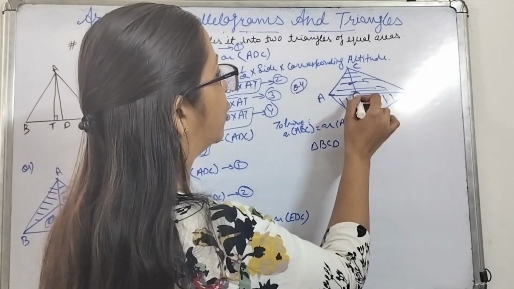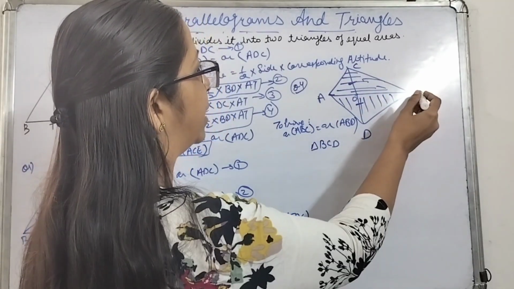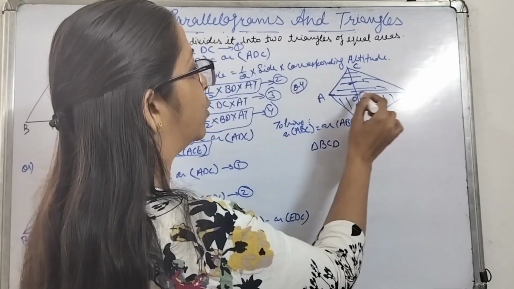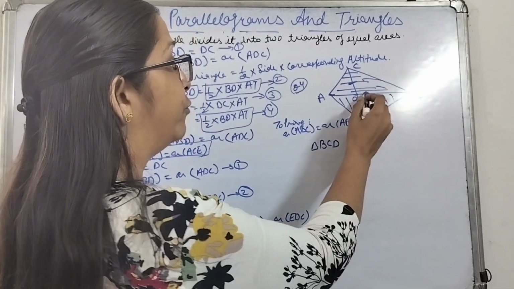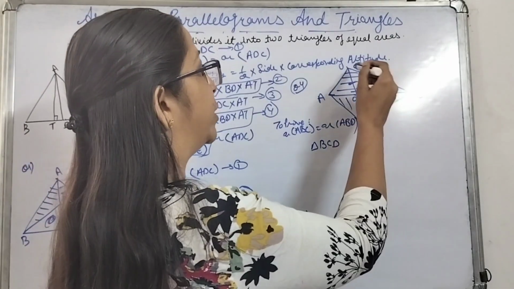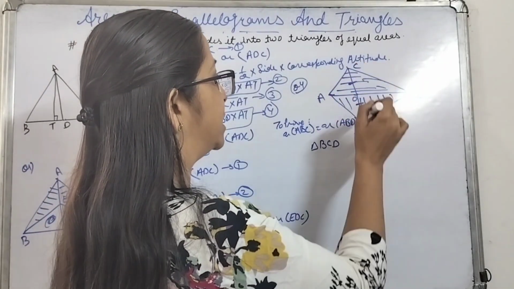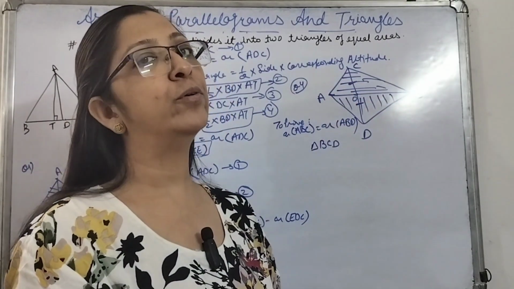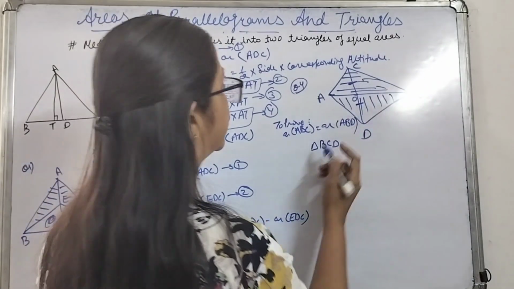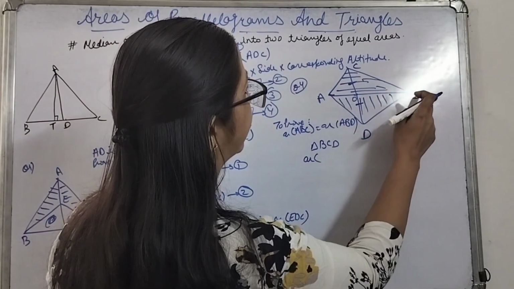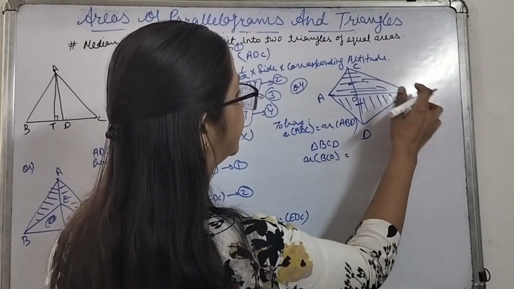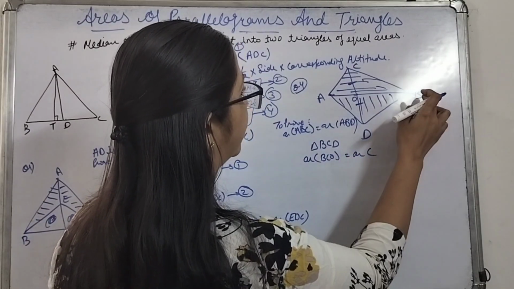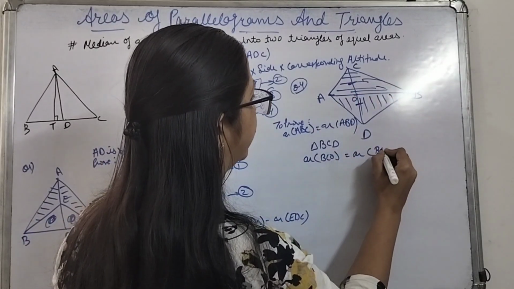That means BO is the median of the triangle BCD, and if it is a median, then it is going to divide the triangle BCD into two triangles of equal area. That means area of triangle BCO will be equivalent to area of triangle BOD.